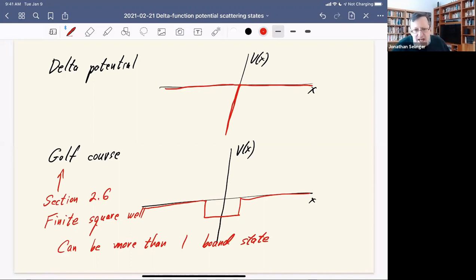There will always be at least one bound state, but there might be multiple bound states in addition to the scattering states. So, you know, there's a big calculation that leads to those results, and you can look it over. I'm going to skip over that because there are other things that I want to get to. Okay, so for me, this is the end of chapter 2.